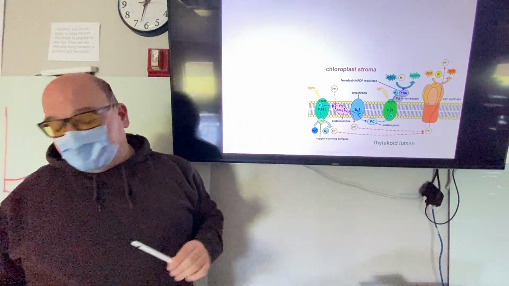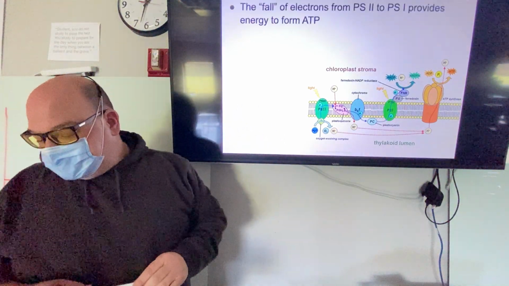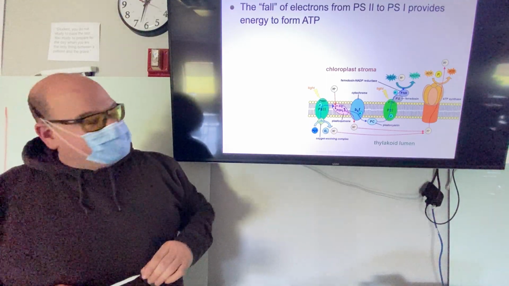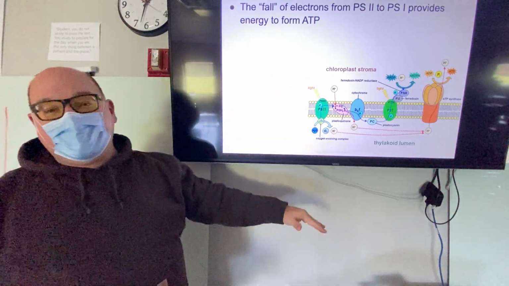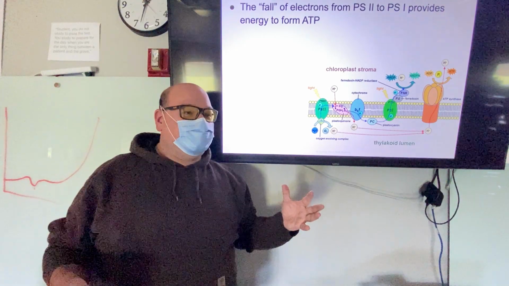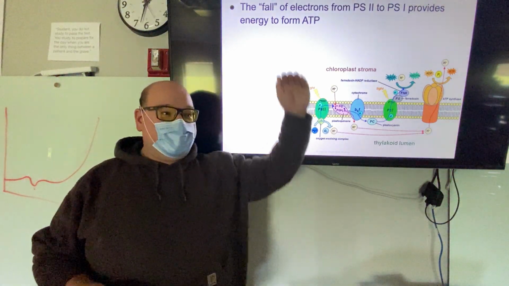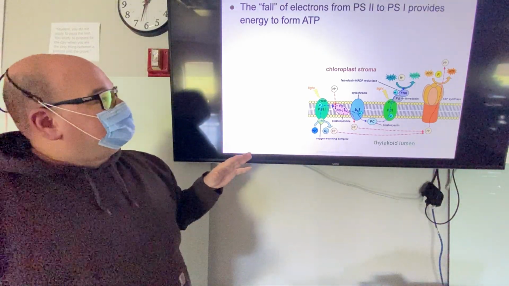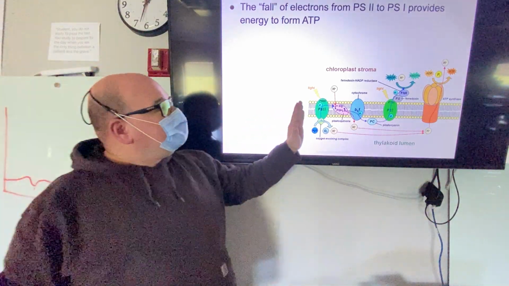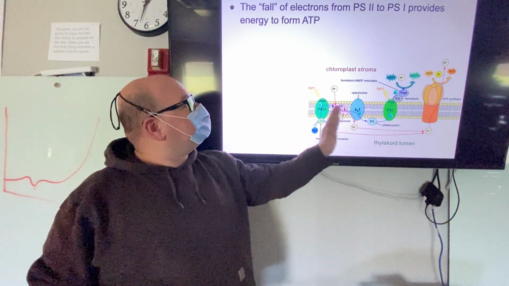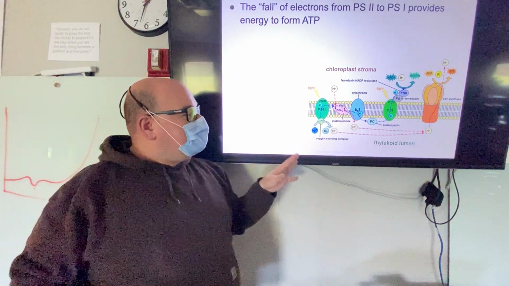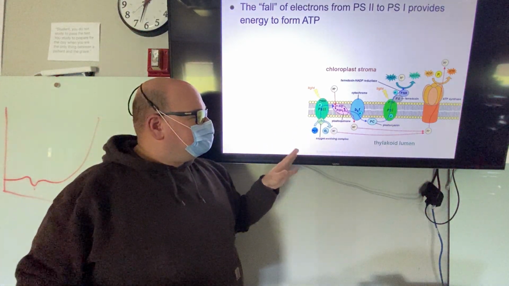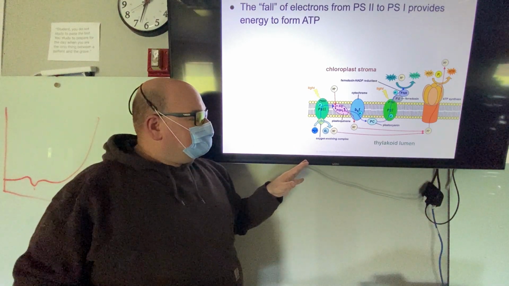So let's review what I just told you. Basically, the fall of electrons, and when I say fall, I mean going from that high energy state to that low energy state, from photosystem 1 to 2 gives you the energy to make ATP.